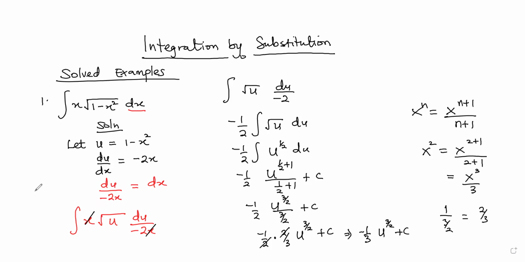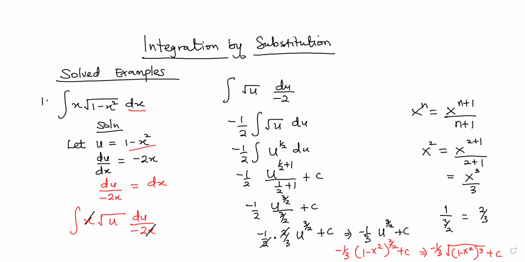But we all know that our u is 1 minus x squared, to the power 3 on 2 plus c, which according to indices we can still express as minus 1 over 3 square root of 1 minus x squared, cubed, plus c.